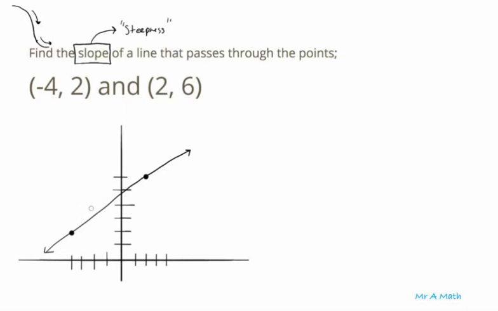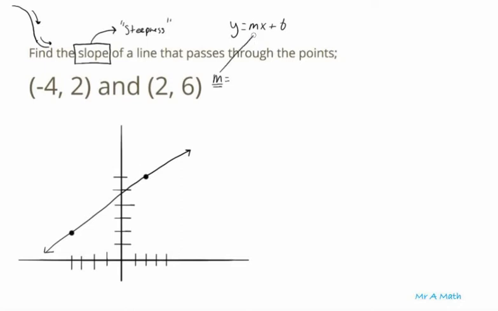The slope, or the steepness, of the line is simply the rate of change up as I go up compared to how far I go over. You might see it written in your book with the value m. You'll typically find it in slope-intercept form, y equals mx plus b.